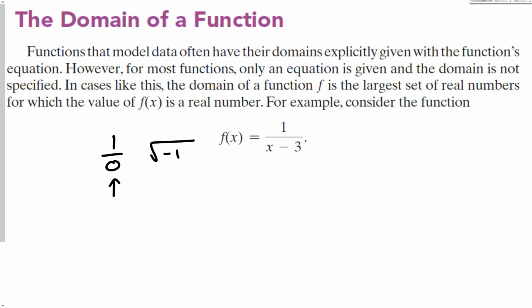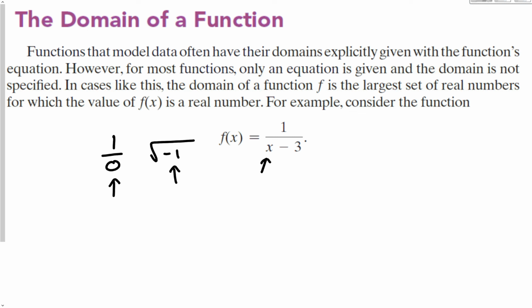Division by 0 gives me an undefined answer, and negatives underneath the radical give me imaginary numbers. So we're going to specifically look for these two situations: functions that have division by 0, and functions that have radicals, making sure there are no negatives underneath the radical.